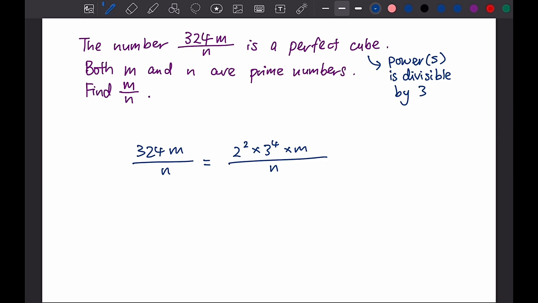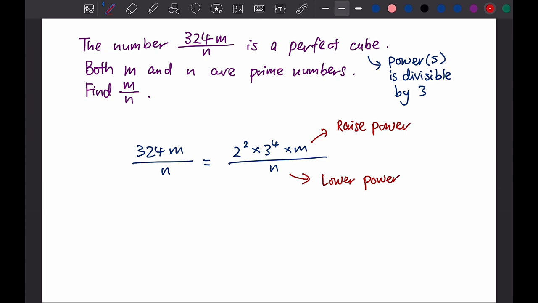So in short, when you have times m, what is expected of you is to times a certain number to raise the power, and for n, when you divide by n, is to lower the power.